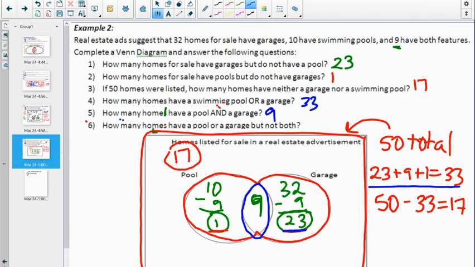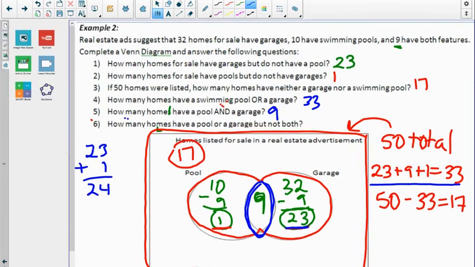And how many homes have a pool or a garage, but not both? We know 9 have both, so we're going to subtract that. We'll have that 23 plus 1, because that's how many have just a garage, and this number is how many just have a pool. So we have 24.